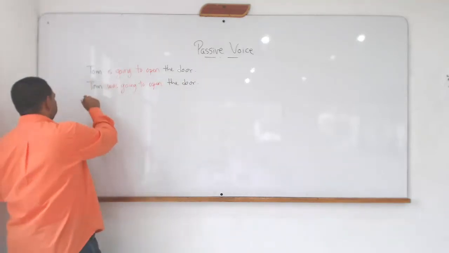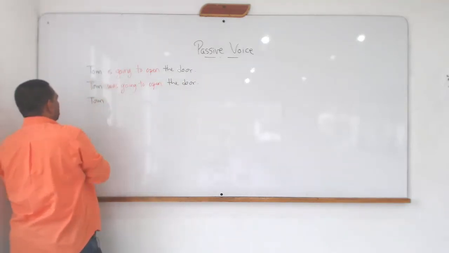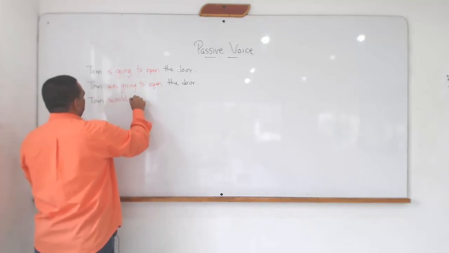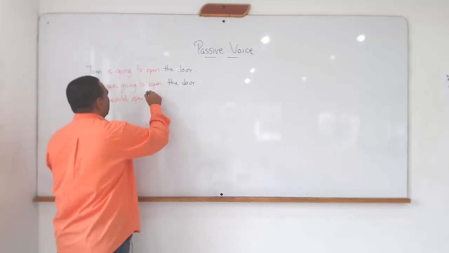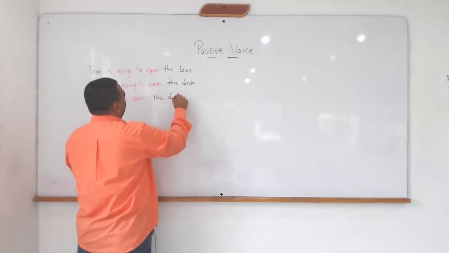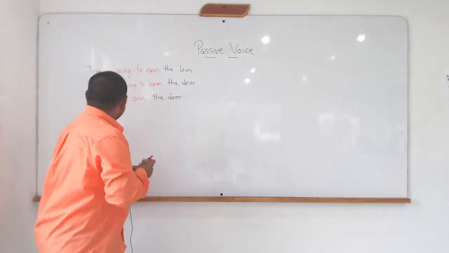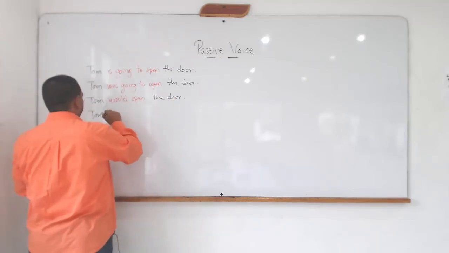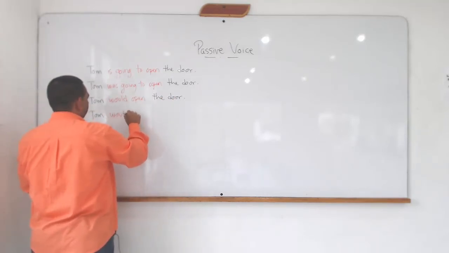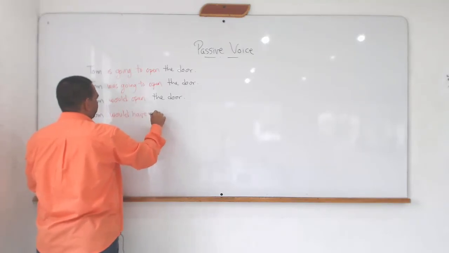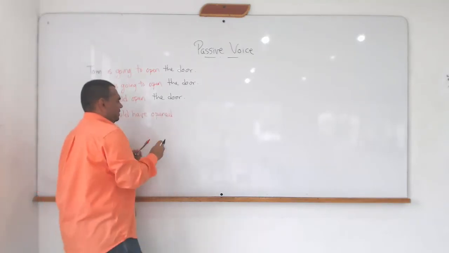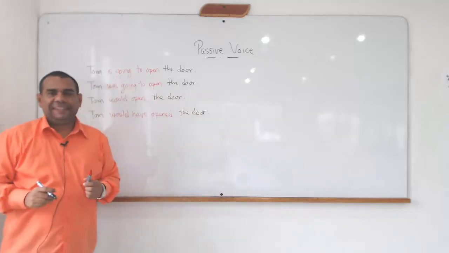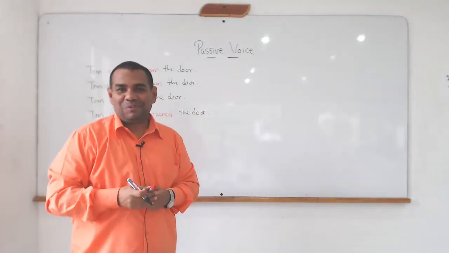Conditional simple. Tom would open the door. And the conditional perfect. Tom would have opened the door. Okay, let's carry out the corresponding transformations.